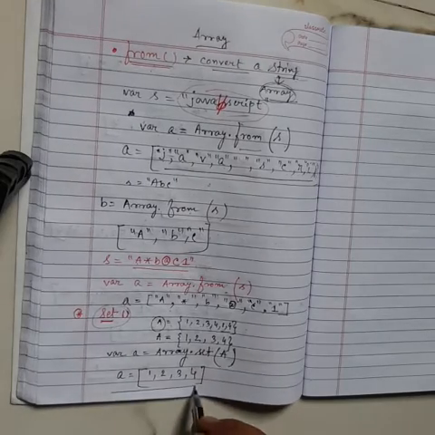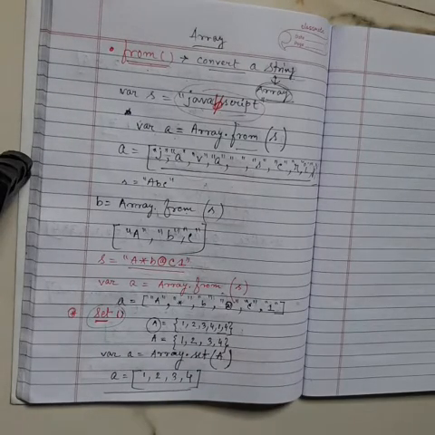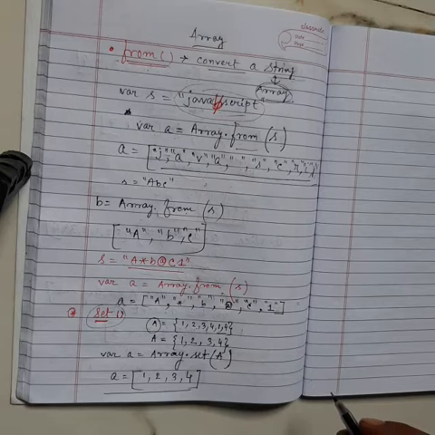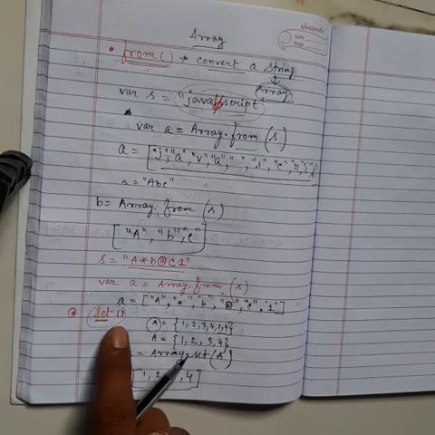It will contain the exact unique values from the set. So this is basically the set method.